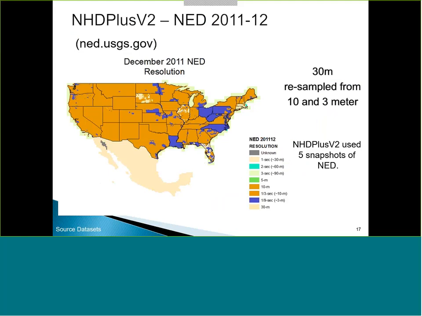So you can see from the legend that most of the NED, when we took our snapshot in 2011 to 2012, was 10-meter resolution. And it's resampled to 30-meter, and we process it as a 30-meter grid. But the accuracy of the data comes from the 10-meter NED. And then the blue spots are 1/9 arcsecond or 3-meter. So there was some very, very detailed elevation data that went into NHD Plus.